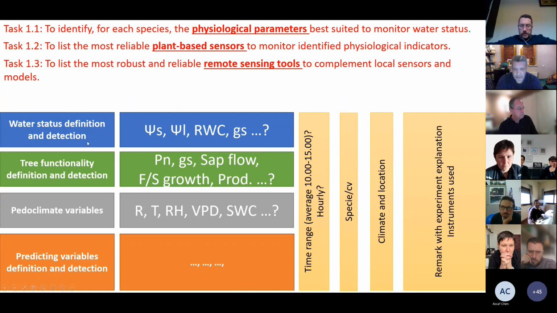and detection. So which are the variables that we commonly use to detect the water status, to detect the tree functionality, and the difference. I don't know if there is a real difference, but the difference between the water status and the tree functionality is linked to, let me say, the plant performance.